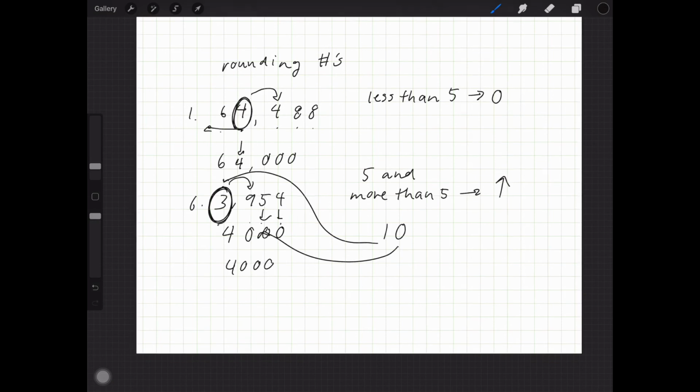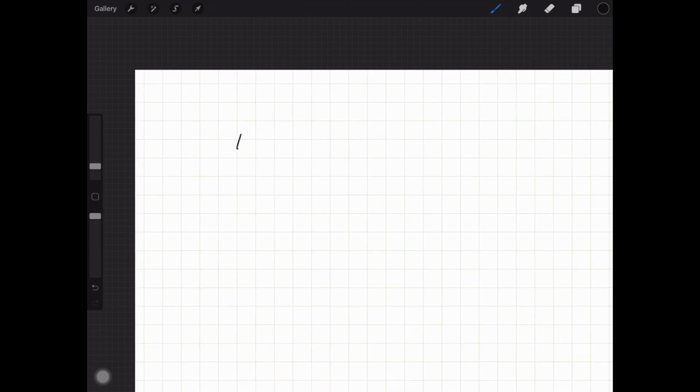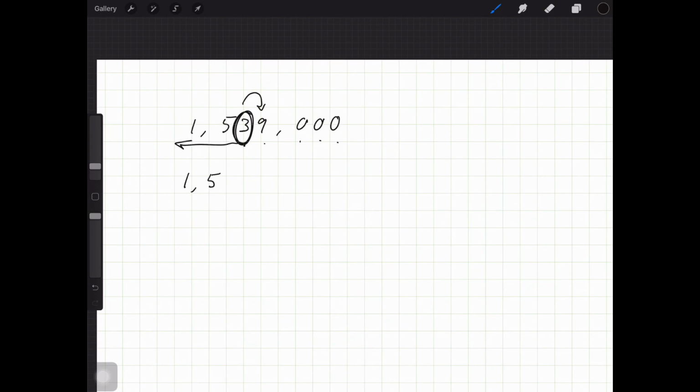The next one says, round each number to the nearest 10,000. So we're going to look at the first one, which is 1,539,000. Now this is the ones house, tens house, hundreds house, thousands house, 10,000s house. So we know that anything above the 10,000s house stays the same. We're looking at the 10,000s house and the number before it, which is a 9.